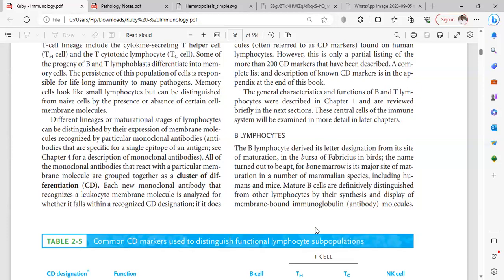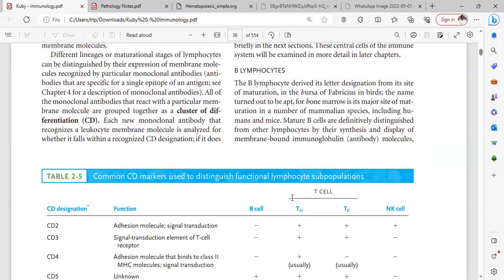So B lymphocytes mature in the bone marrow. And then after a series of differentiation, they form plasma cells, which leads to secretion of antibodies.